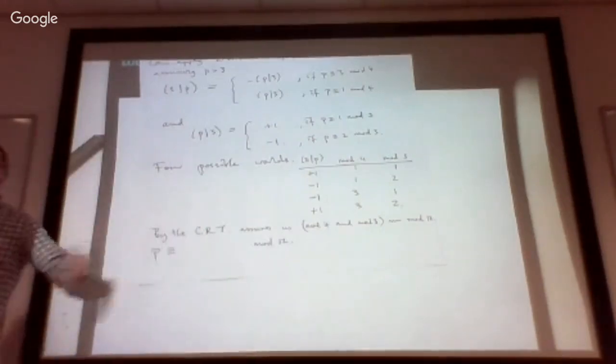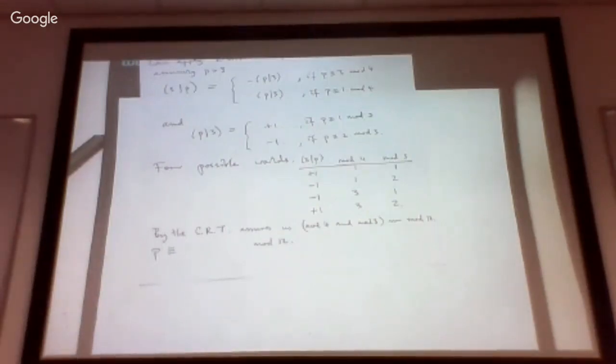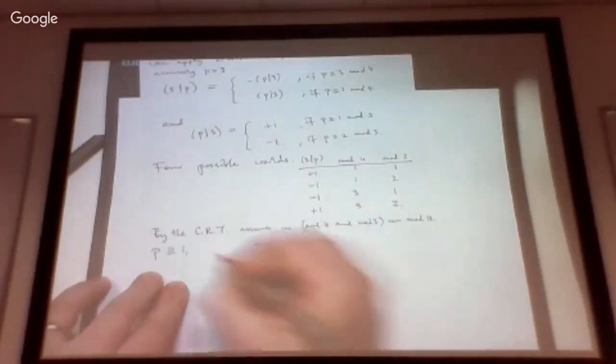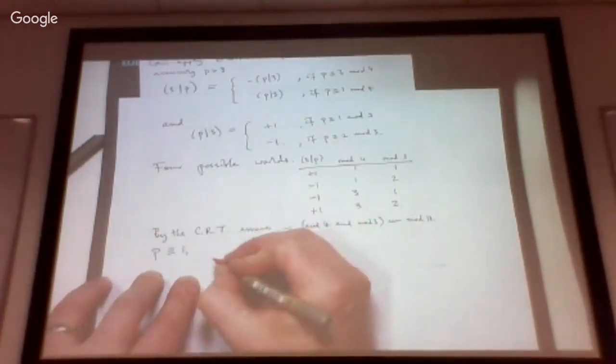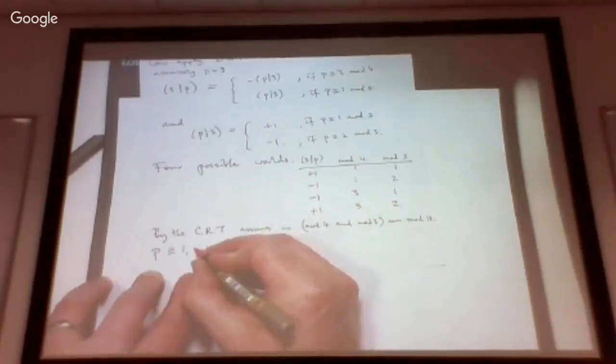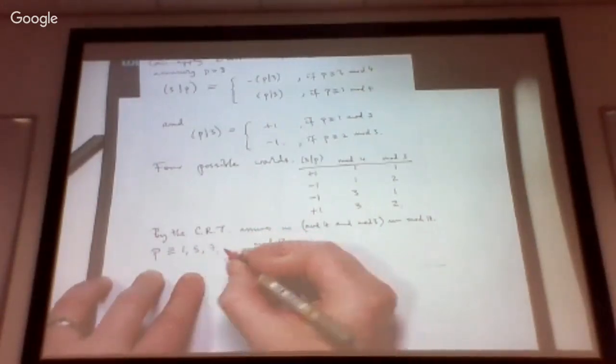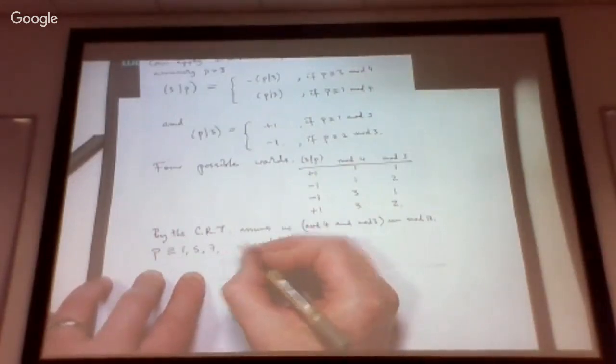So we have to avoid the obviously composite congruence classes. P can only be congruent to the potentially prime classes: 1, not 2, not 3, not 4, but maybe 5, not 6, but maybe 7, not 8, 9 or 10, but maybe 11.